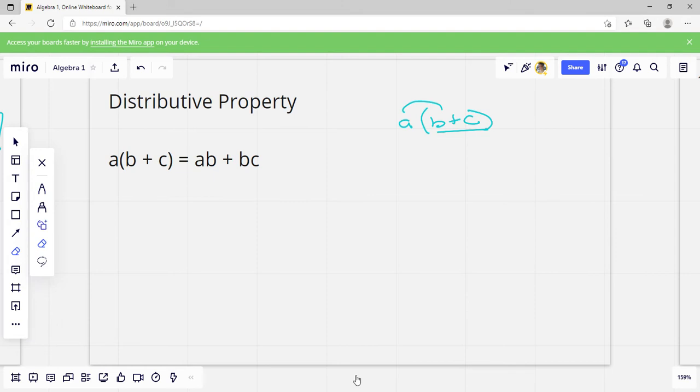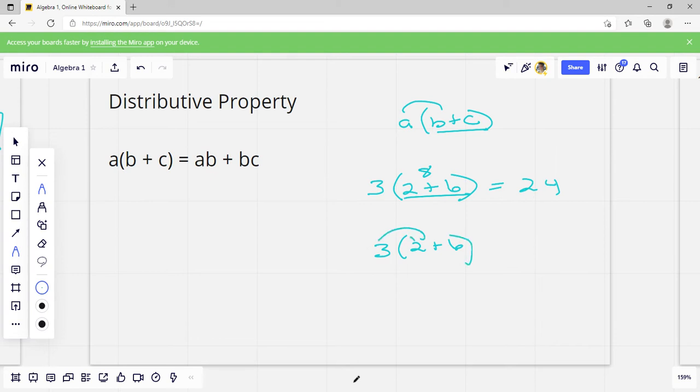Let's say that we had 3 times 2 plus 6. We could do 2 plus 6 is 8, and 3 times 8 is 24. Or 3 times 2 plus 6, we could distribute. 3 times 2 is 6, and then 3 times 6 is 18, and we add those together, and we're still going to come up with 24. So the distributive property means it doesn't matter what order you do that in.